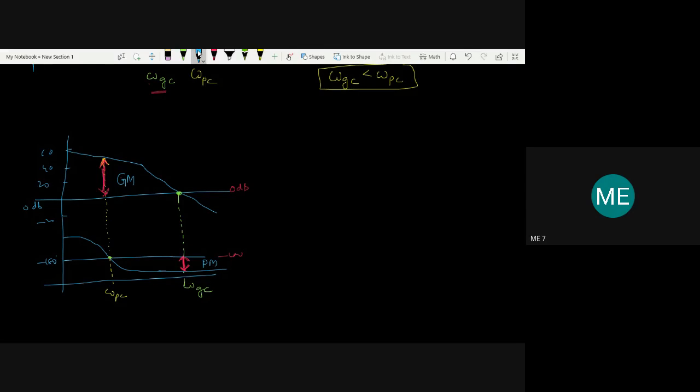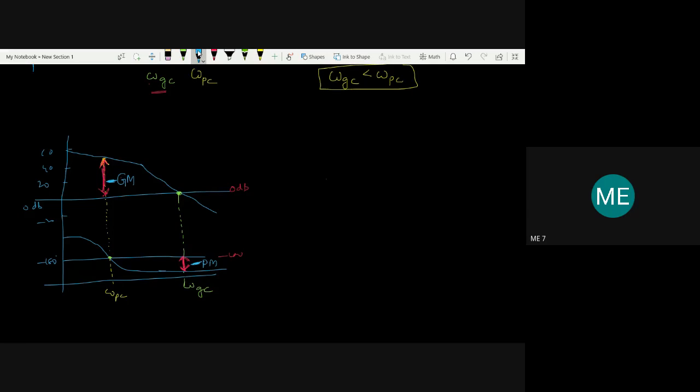As we said in the beginning, if the gain margin is below the 0 dB line, it is called positive. If it is above the 0 dB line, it is called negative gain margin. Similarly, if the phase margin is above the 180-degree line, it is called positive phase margin; if it is below the 180-degree line, it is negative phase margin.